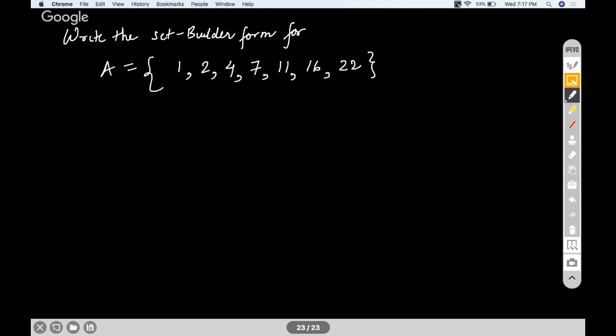No, a null set is not a subset of it because null set itself is a set. So you can say this is a subset of A, that's fine. But when you're saying this is a subset of A, that means A should contain null set as its element. Then only you can write this.